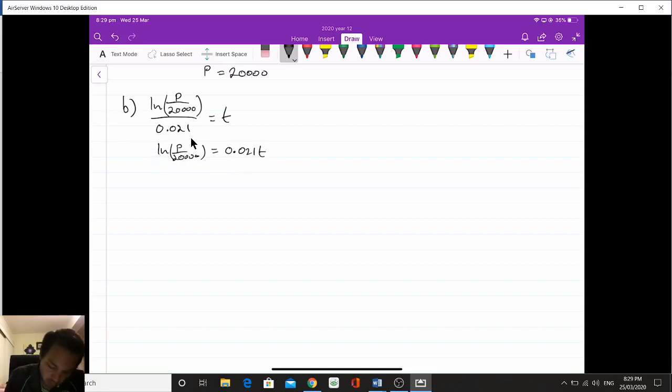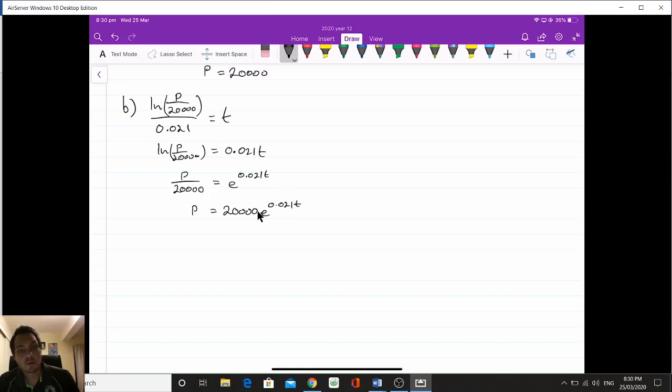So p over 20,000 is equal to e to the power of 0.021t. It's just changing the form, and then I would times by 20,000. So P is equal to 20,000 e to the 0.021t. We can see that's our exponential function.